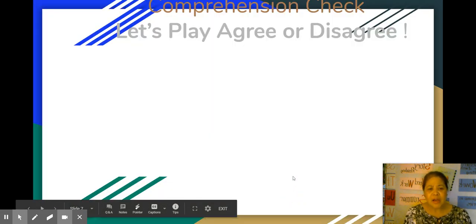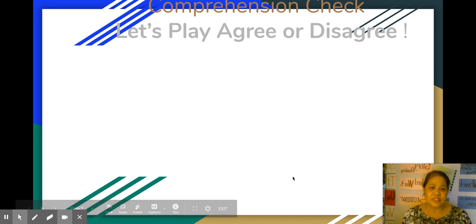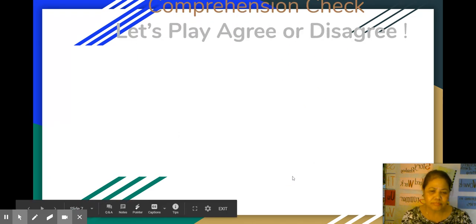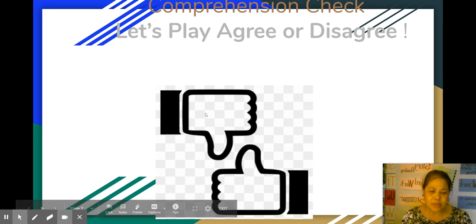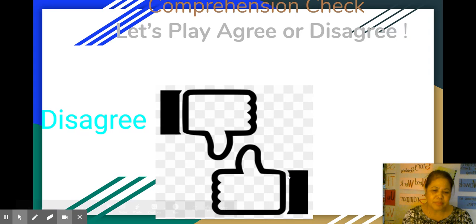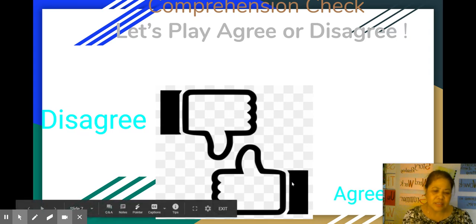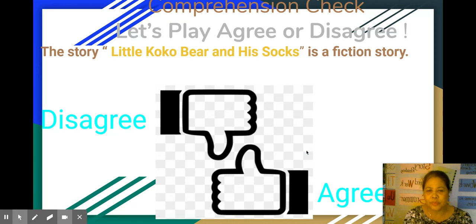Okay, let's play agree or disagree. You ready? Do you agree or disagree? Disagree means thumbs down, agree means thumbs up. What is the question? Let's see. The story Little Coco Bear and His Socks is a fiction.